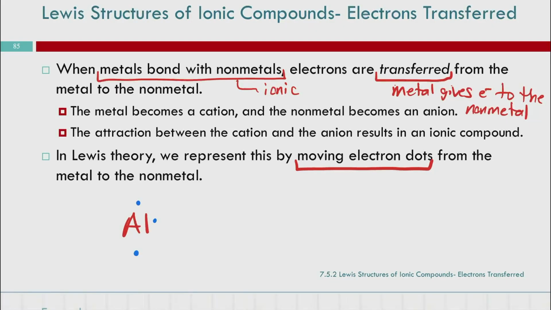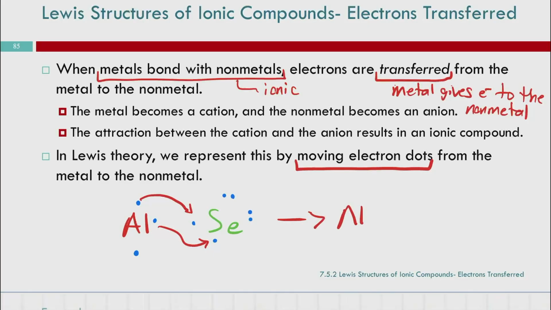So let's say that we did that with the selenium and the aluminum. I think we might have that coming up on the next slide. So aluminum can give 2 of these electrons to selenium.